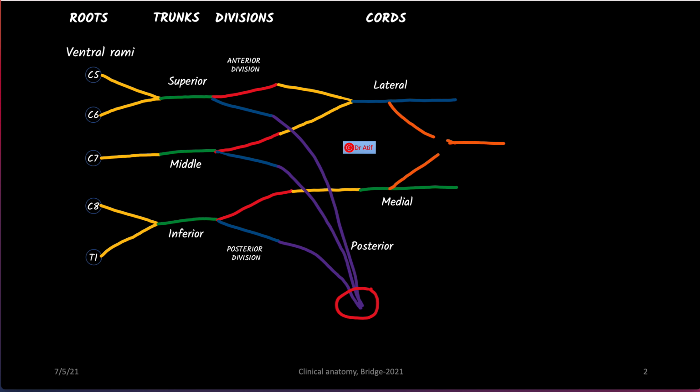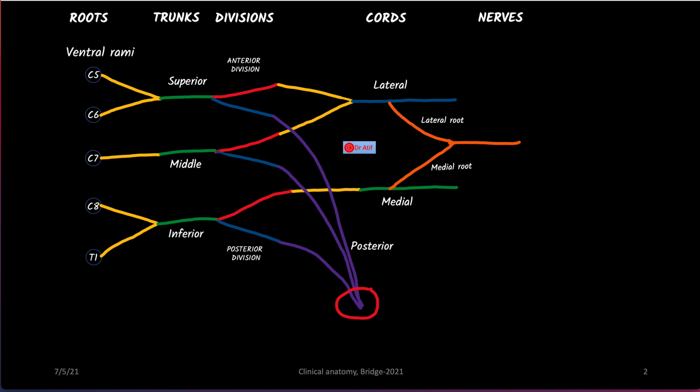Now the lateral and the medial cords are sharing and giving something in common, so there is a medial root and a lateral root, and they are joining to give us nerves. So what are the nerves?